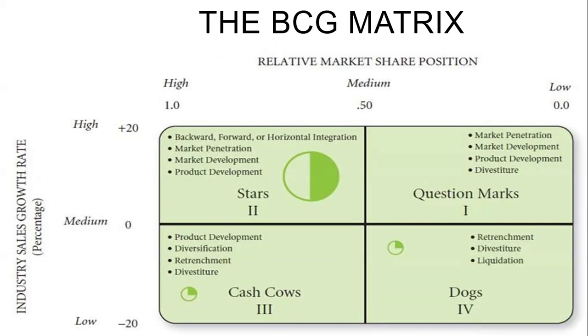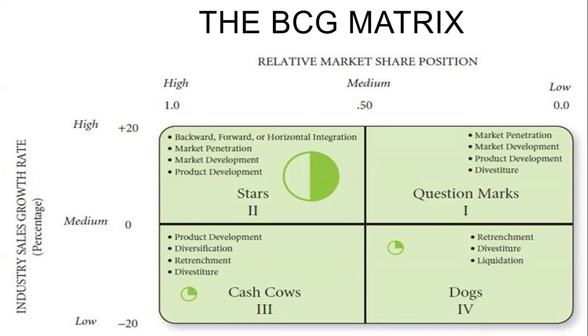Sorry, the first quadrant is rather question marks, and it moves counterclockwise. The second quadrant is called stars. The third quadrant is called cash cows, and the fourth quadrant is called dogs. The labeling of each quadrant mimics the attributes that it is labeled after.